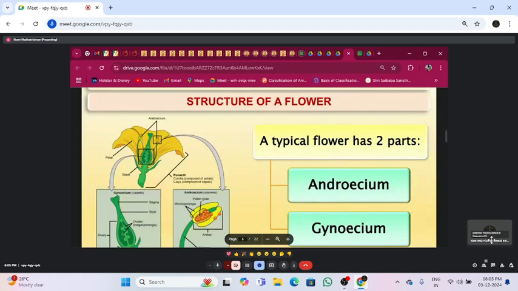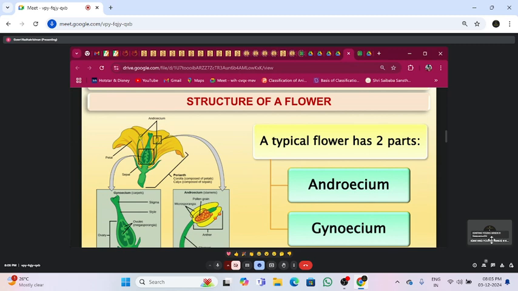When you take the flower, there are so many things we know about this: the androecium and gynoecium. Androecium is the male sexual organ of the flower.